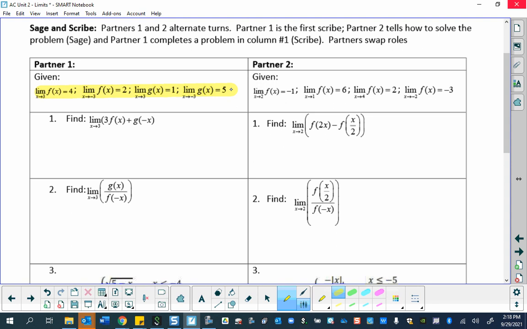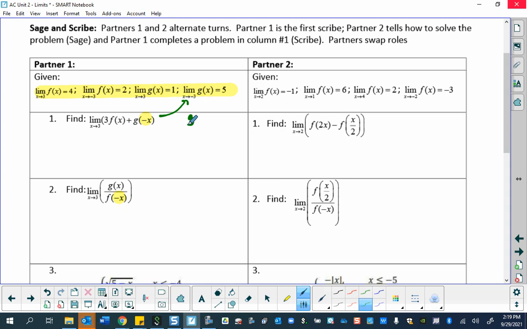The only thing that partner 2 has to be careful of when they are talking to partner 1 is this concept of the opposite of x. Because if you are plugging in the limit as x approaches 3 of the opposite of x, you are actually not going to use the limit as x approaches 3, but you're going to use the limit as x approaches -3.